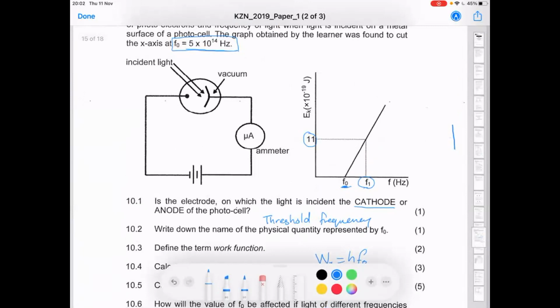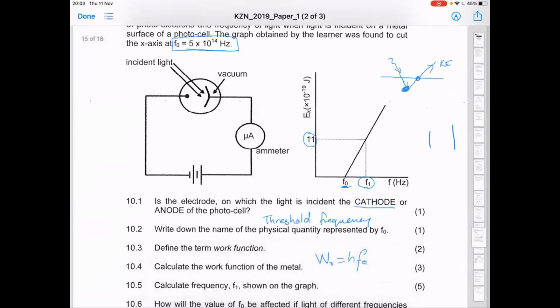Just to remind you quickly, you have light of some energy coming in, and then the electrons absorb some energy, the work function, to bring them to the surface, and then the extra energy is kinetic energy. Now they've given us the kinetic energy and we've calculated the work function already. So then you can calculate f1. I don't know if that helps.